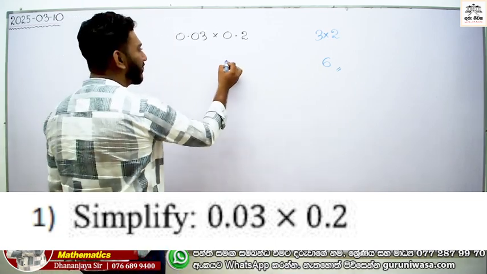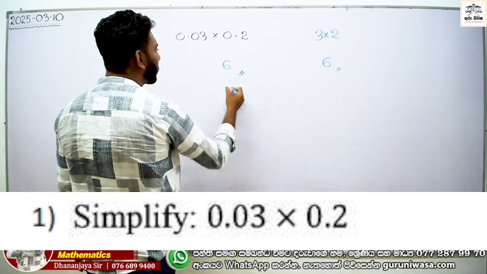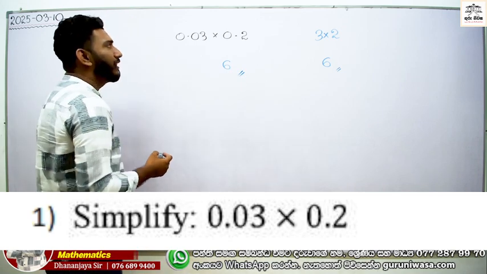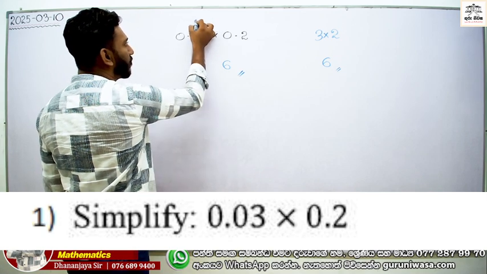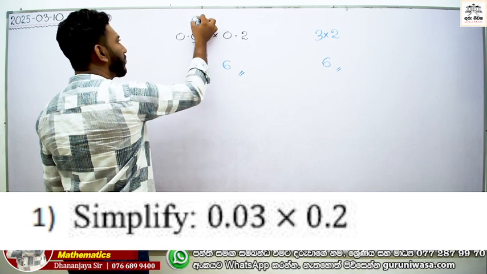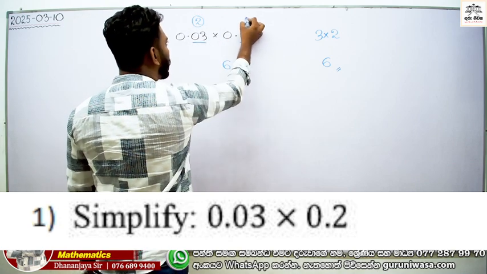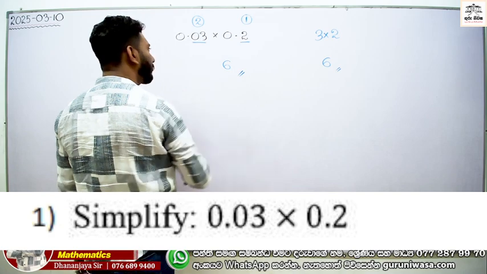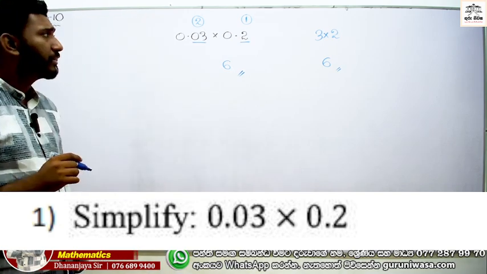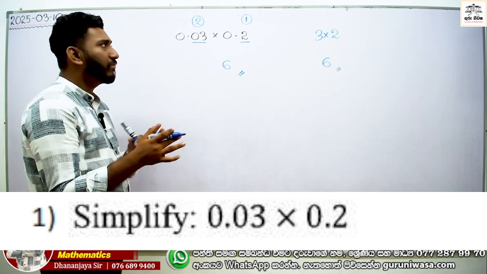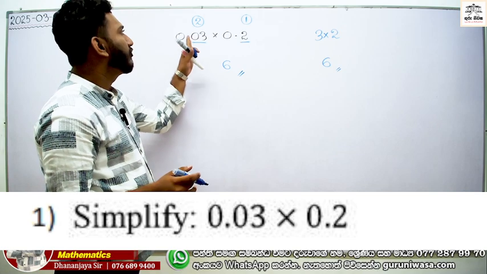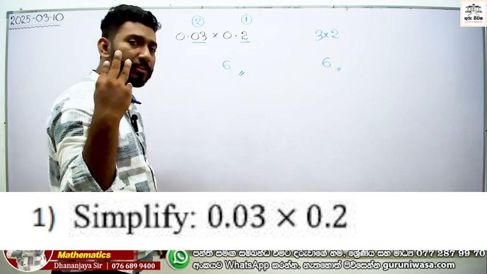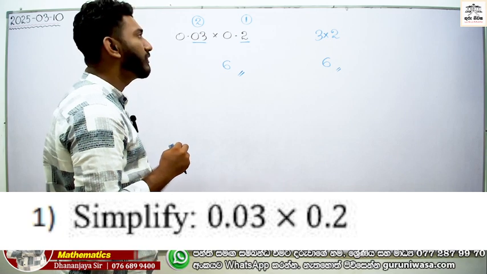But listen, how many decimal places are there here? There are 2 decimal places and there is 1 decimal place. In multiplication, we have to keep the sum of the decimal places in the answer. Therefore, we need 2 and 1 becomes 3 decimal places in the answer.